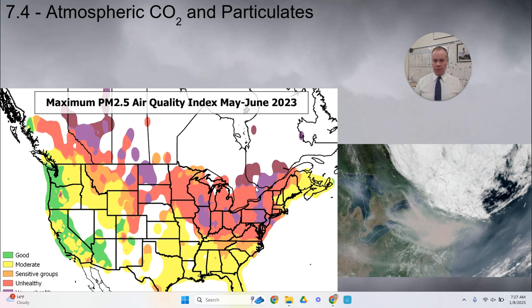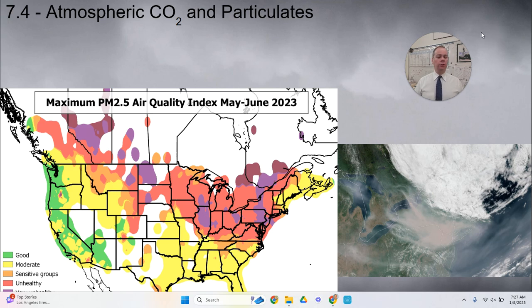And we can see again huge impacts, unhealthy air quality, and that's why at that time sports were canceled and things, because PM particulate matter is so hazardous to human health. They don't want people exercising and inhaling large quantities of that. And here we can see the satellite imagery. You can see the smoke from those fires affecting the northeast of the United States.